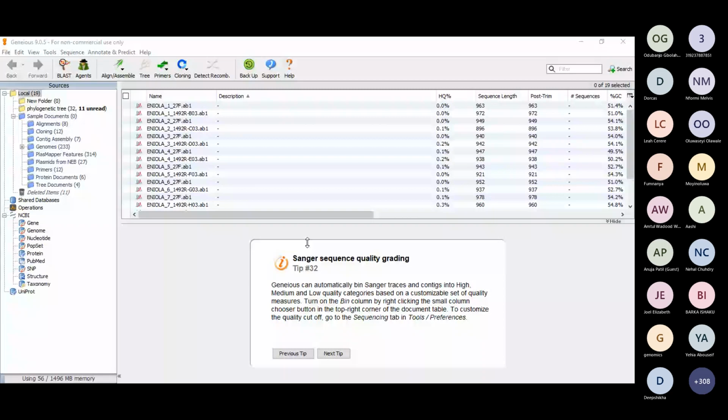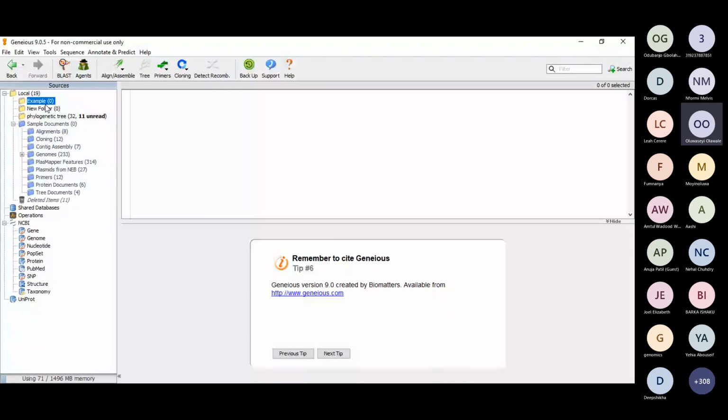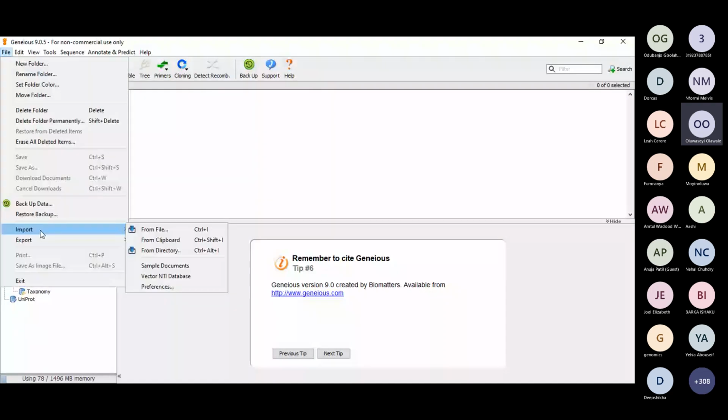Let's give it an example name. Can you see the folder? Just click it and go to file, then go to import. Then you import from file.